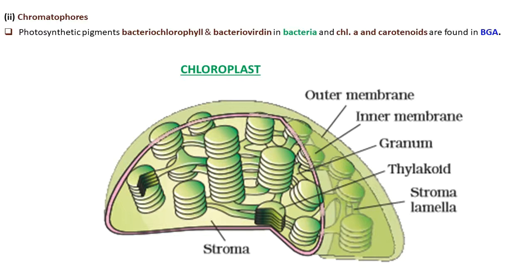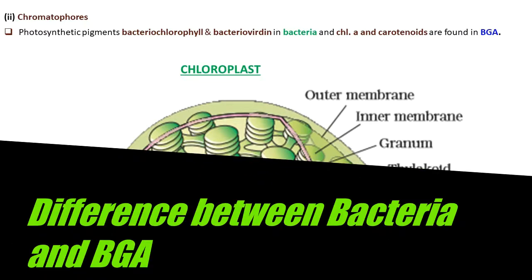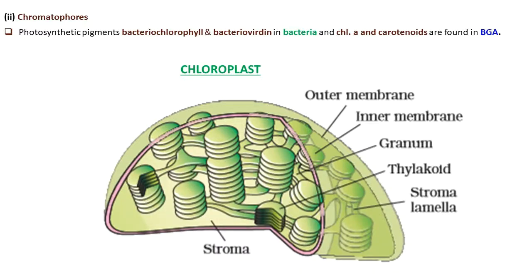Eubacteria includes the bacteria and blue-green algae. So here comes the point of difference between the bacteria and the blue-green algae. In the case of bacteria, the photosynthetic pigment is of the primitive type named bacteriochlorophyll and bacterioverdin.